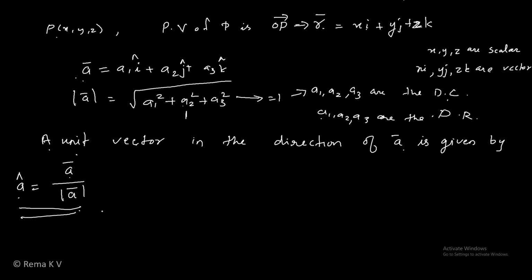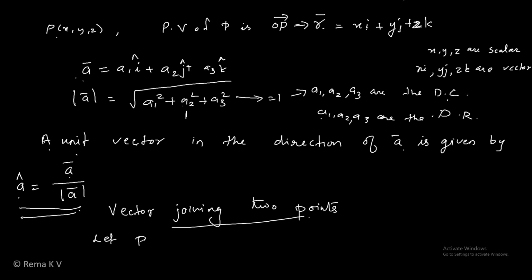Now let us move to the next one. Vector joining 2 points. Let P(x1, y1, z1) and Q(x2, y2, z2) be any 2 points.